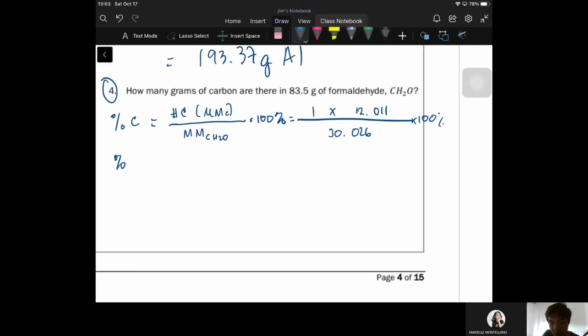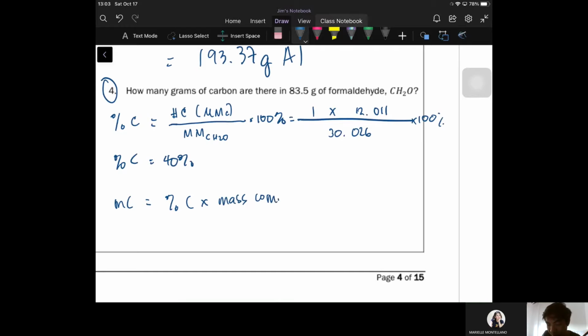So that gives you a percent composition of 12.011 over 30.026, so that's 40%. That means 40% of your compound here, 40% na tong 83.5 grams na yan ay carbon lang. So to get the mass of carbon, this percent carbon times the mass of your sample.